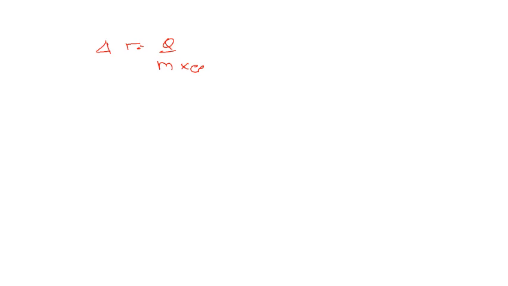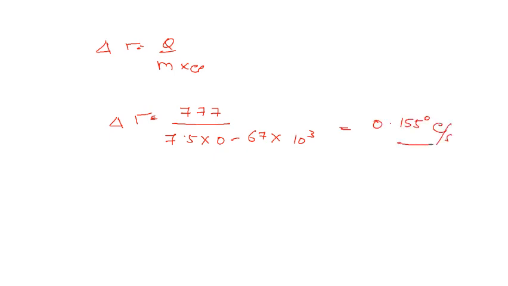So delta T is equal to 777 divided by 7.5 into 0.67 into 10 to the power 3. That is equal to 0.155 degree centigrade per second. This is the rate of cooling.